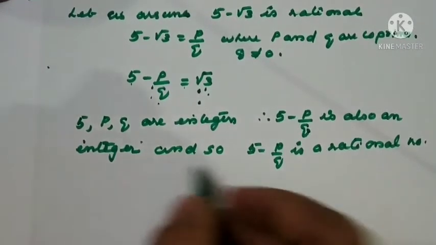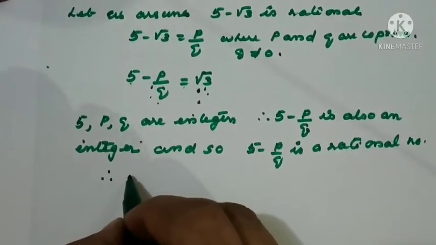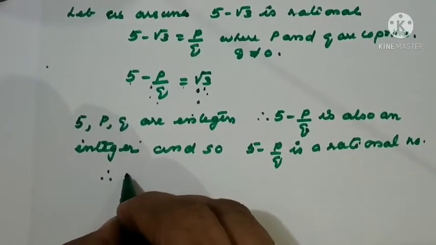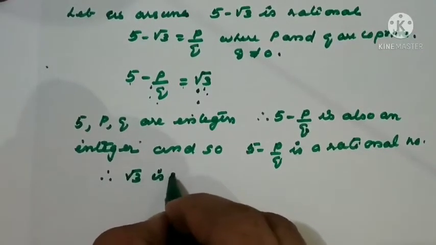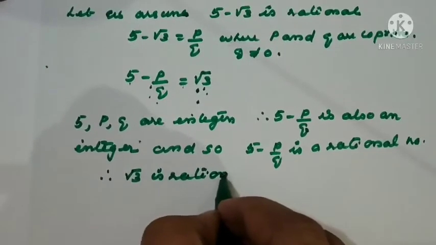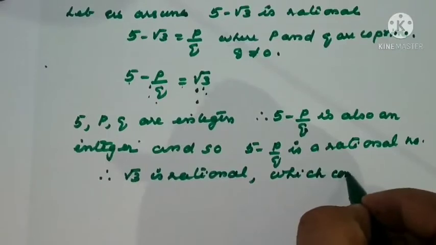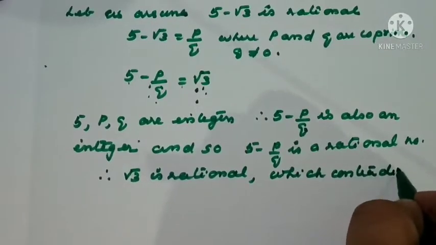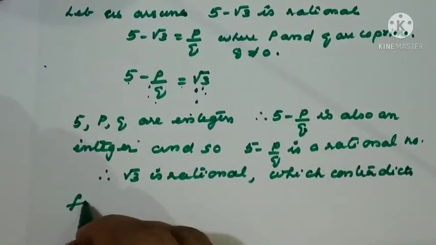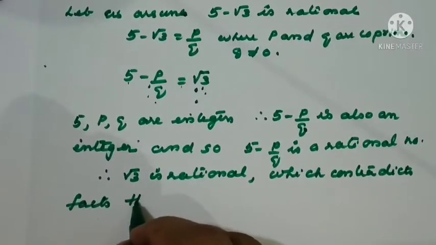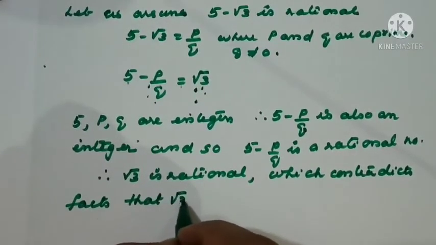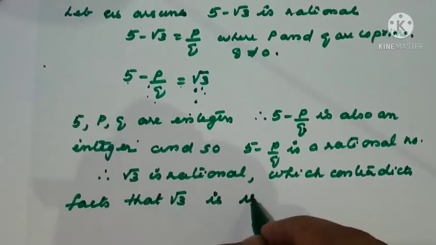So I'll write here: therefore root 3 is rational, which contradicts the fact that root 3 is irrational.